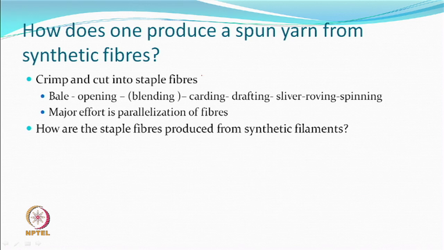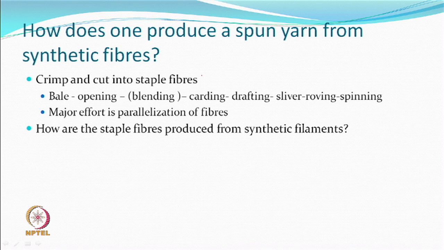You take a tow, push it into a stuffer box where some heating must take place, maybe steam, maybe hot air, and then cut them into staple form. And from the staple, what do you do? Take a bale, you open the bale, you do the blending if it is required, carding, drafting, sliver, roving, spinning, the normal process of making a yarn.